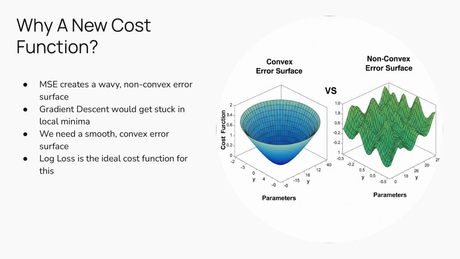It becomes a wavy, bumpy landscape with many little valleys. Gradient descent will get stuck in the first valley it finds, which isn't the lowest one. To fix this, we use a new cost function designed specifically for probabilities called log loss. All you need to know is that log loss creates a perfect smooth bowl again, so gradient descent is guaranteed to find the one best solution.